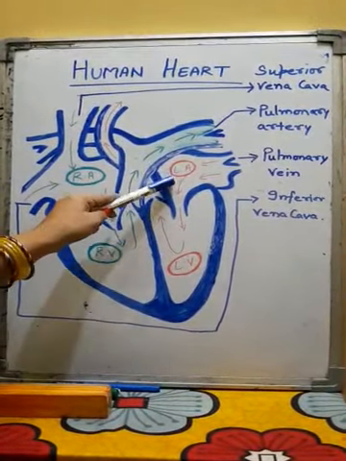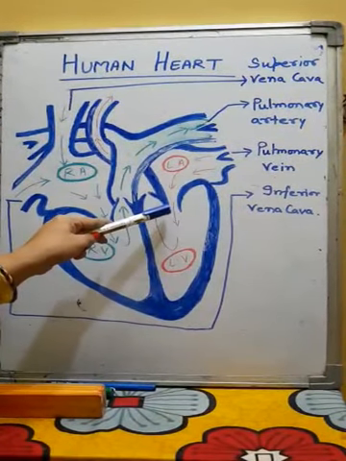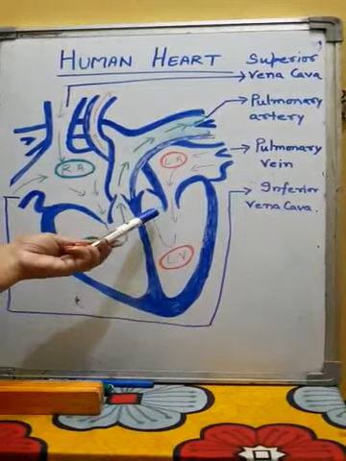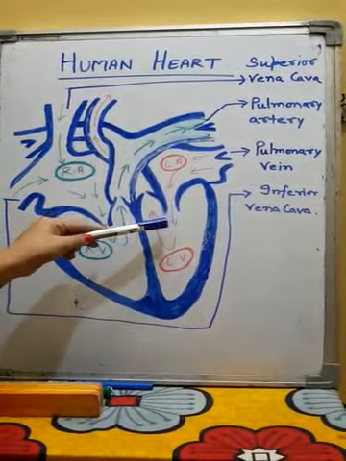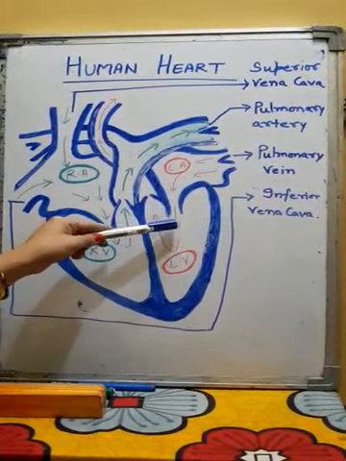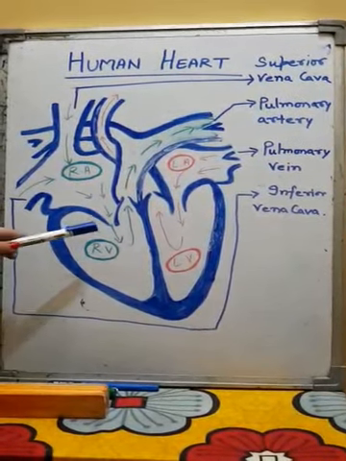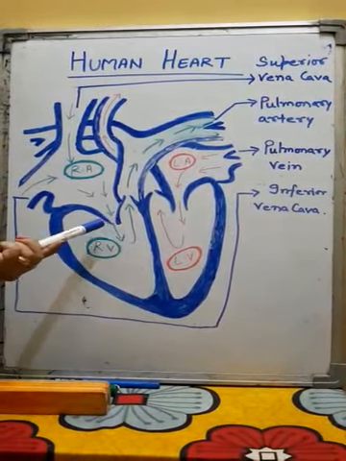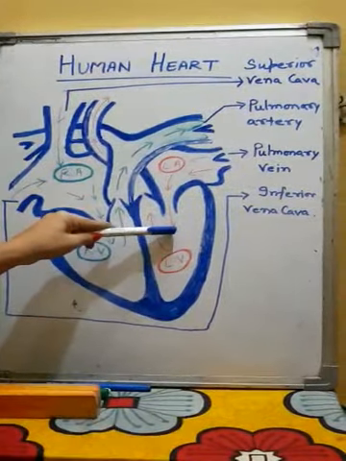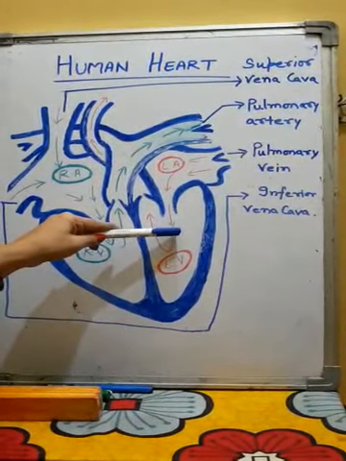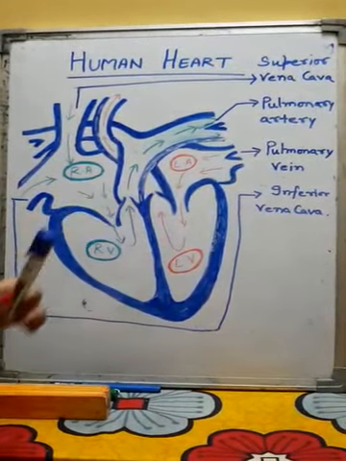Likewise, left auricle opens into left ventricle through an aperture. This aperture has two flaps and that's why it is called bicuspid valve. To recall, right auricle opens into right ventricle through an aperture surrounded by a tricuspid valve, and left auricle opens into left ventricle through an aperture surrounded by a bicuspid valve.